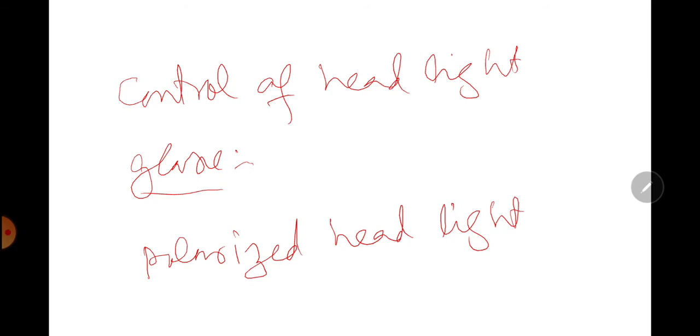Polarized glass eliminates the glare of light as it is partially polarized by reflection from water and road. The last application is stress analysis.